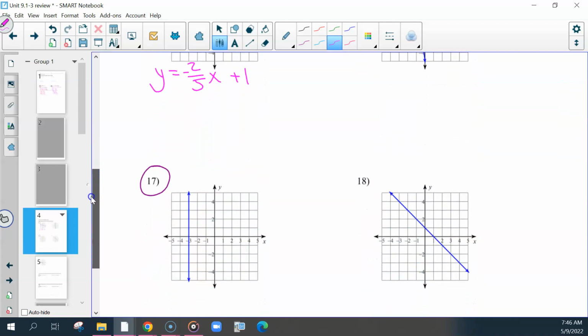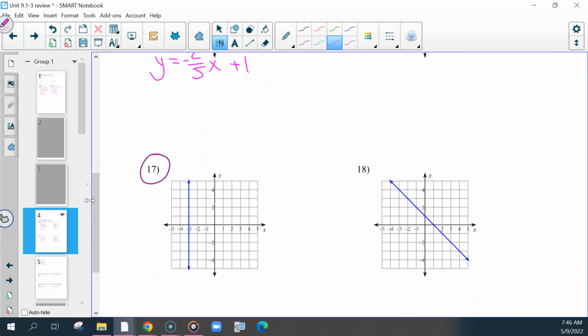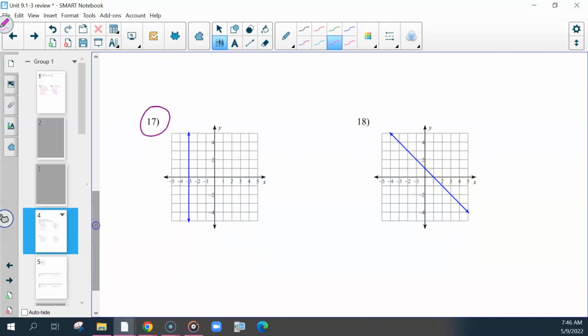We're going to do one more of these. For 17. We need to know what type of line this is. Is it a vertical line? Is it a horizontal line? It's a vertical line. So would that be an x equals or a y equals? X equals.